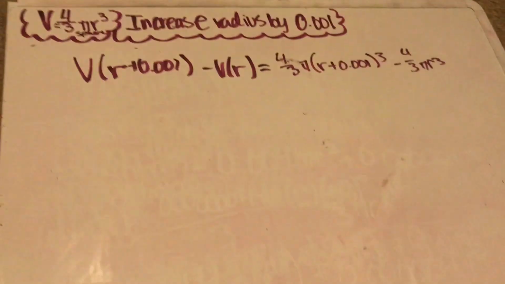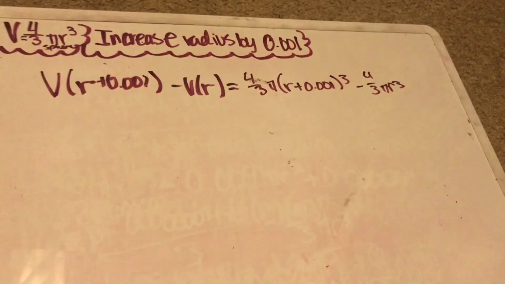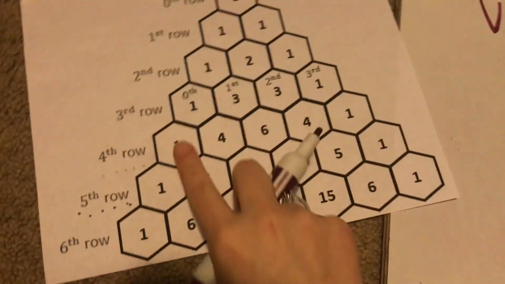So we've been doing this whole entire video on binomial expansion, so we know how to do this right here. So we go over here to row 3, we're going to be using 1, 3, 3, 1. Okay, cool.